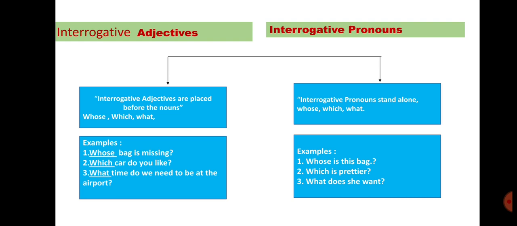So we end this chapter, adjectives. We have learnt the adjective of quality, adjective of quantity, adjectives of number, demonstrative adjective, possessive adjective, and interrogative adjective. These interrogative adjectives ask questions about the noun that follows them.